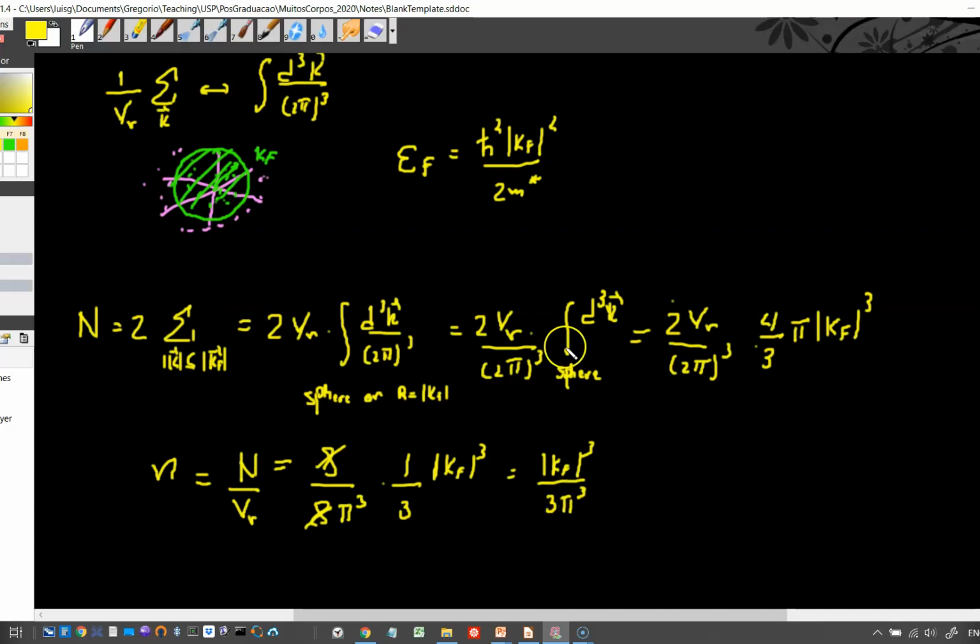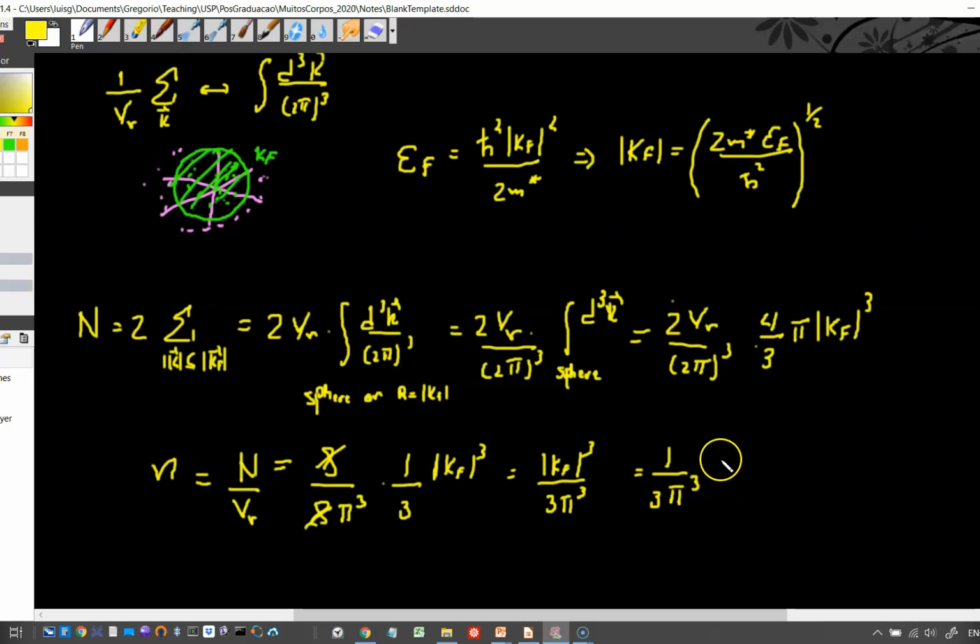But that's not enough for us. We want to write this in terms of the Fermi energy. So I come here and I get kf equals the square root of 2m star EF divided by h bar squared. That's 1. And so this is going to be 1 over 3 pi cubed times 2m EF over h bar squared, times 3 halves, right?